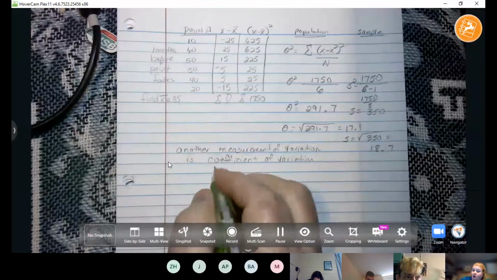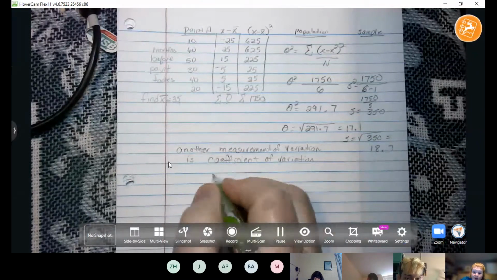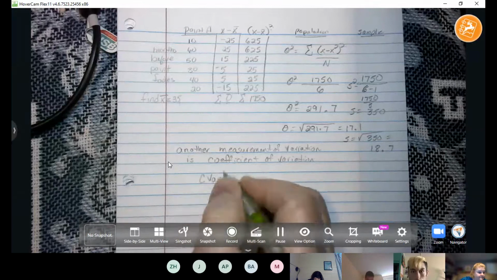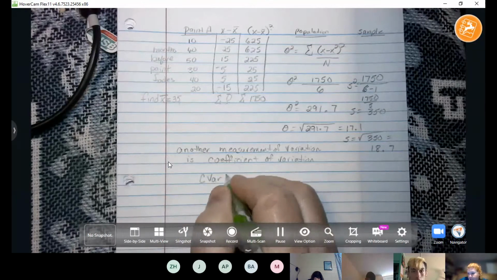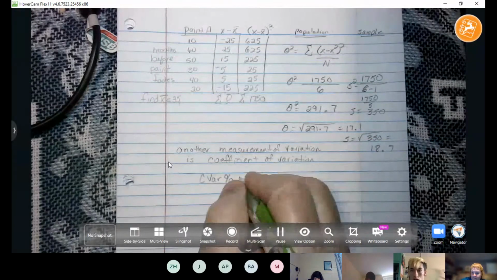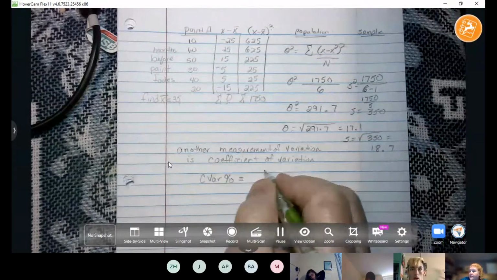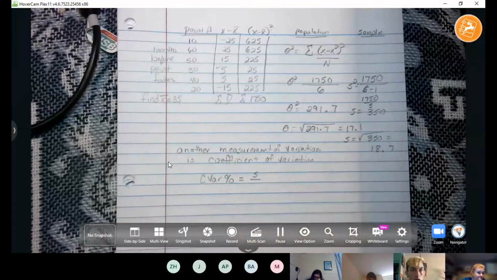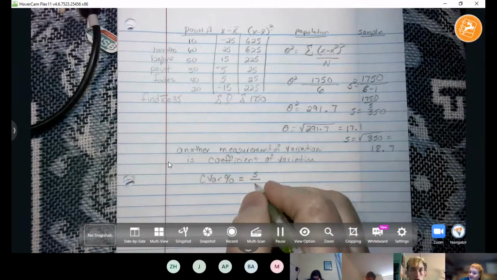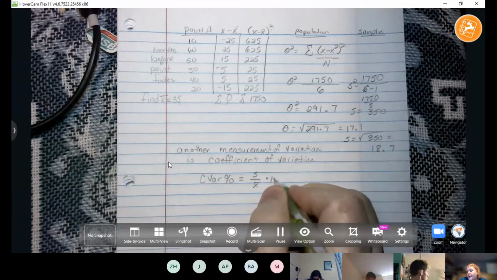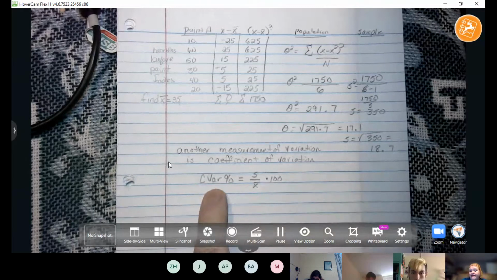Some textbooks talk about this, some textbooks do not. There's not an official symbol for it, but we're going to take the standard deviation, divide it by the mean, and multiply it by 100 in order to get a percent for the answer.